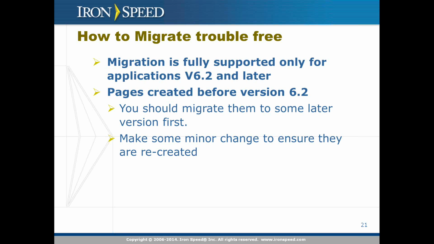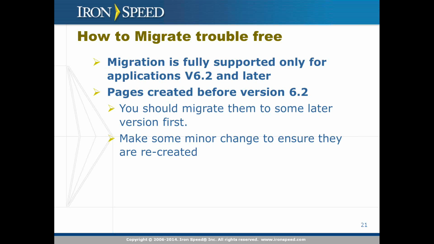And by doing this, you will ensure that your customizations work properly. Also, note that certain things will not be allowed. So, for example, we mentioned in our help on our website that we only support from version 6.2 and later.